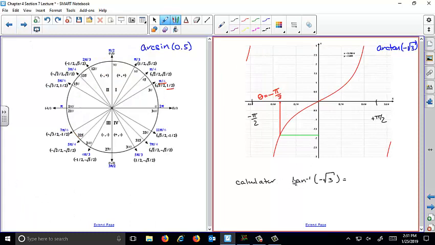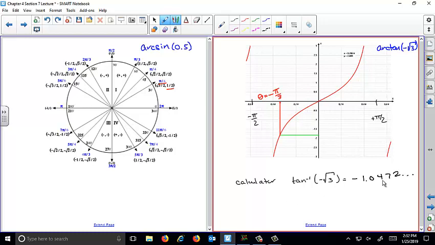Here we have the inverse tangent of negative square root of 3. So let's just plug that into our calculator. The inverse tangent, make sure you're in radians. The inverse tangent of negative the square root of 3, and I get negative 1.047.